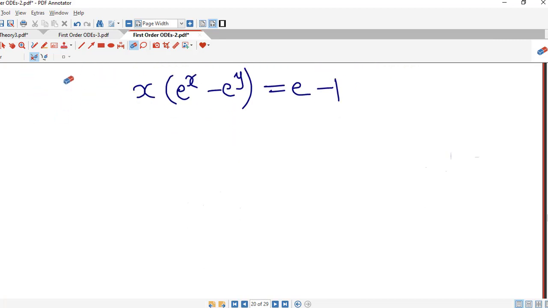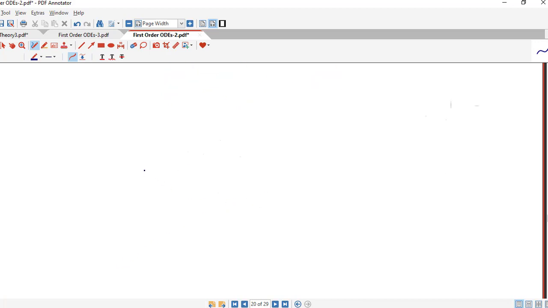So in this way, if our differential equation is exact, then we can easily solve it using this formula. We will remember this formula.